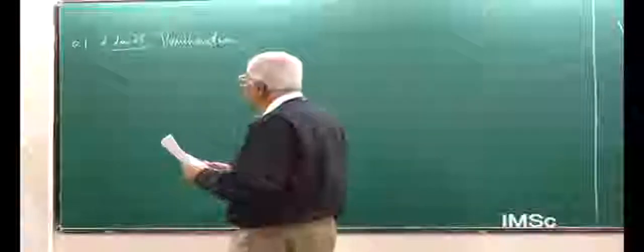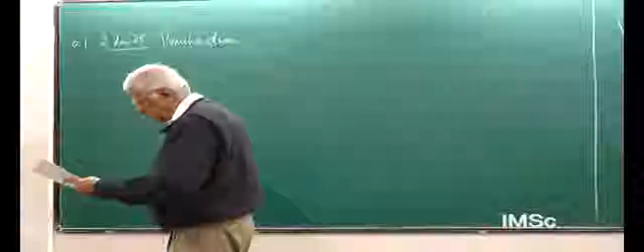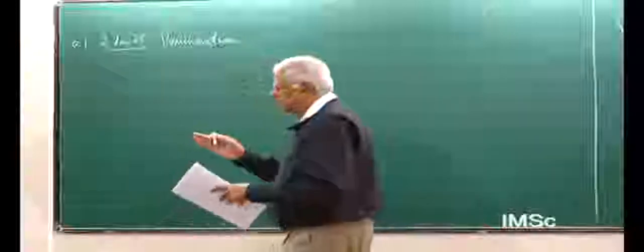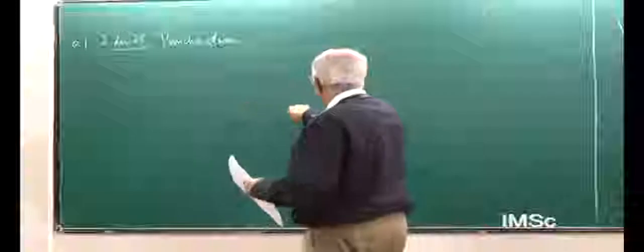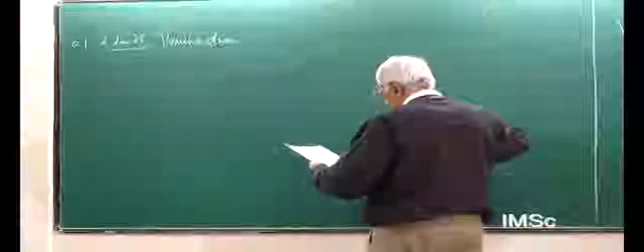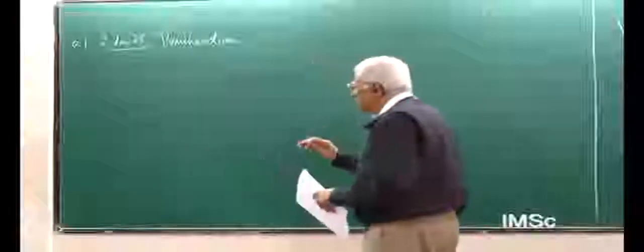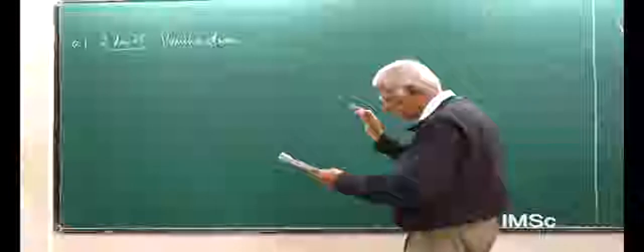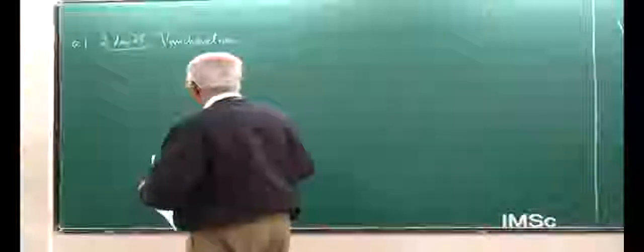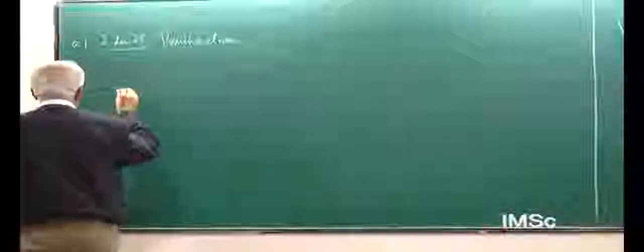So the physical situation you are considering is plane electromagnetic waves with a fixed propagation direction, let us say along the z-axis, with a fixed frequency. And what is variable is the state of polarization of each electromagnetic wave.